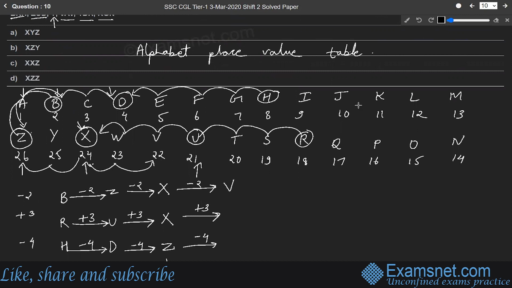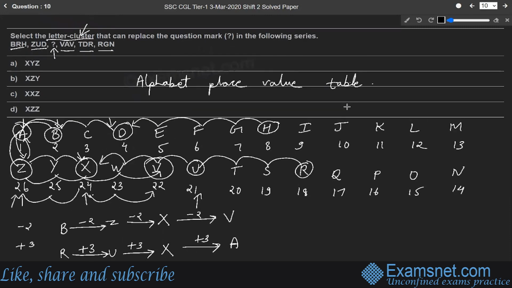X plus 3 means 1, 2 and then 3. X plus 3 gives A, right? The next is Z minus 4. Z is present here. Minus means we have to go in the reverse order. Okay. So Z is present here. Minus means 1, 2, 3 and 4. So Z minus 4 gives V. So the next letter cluster is VAV. You can see that it is VAV. So the concept is absolutely right here.